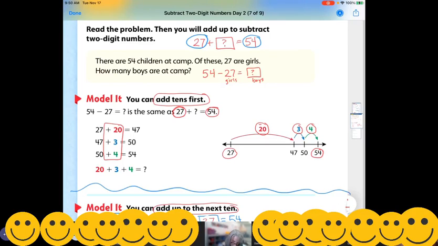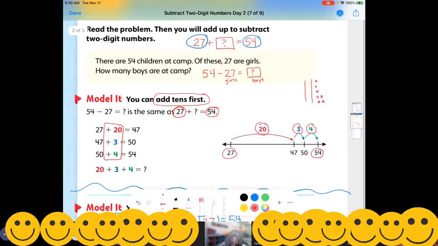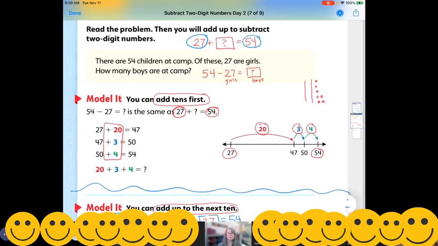If I have 27, I think the best way to look at it is this way. There's 1, 2, 3, 4, 5, 6, 7. If I have 27, how many tens could I add safely so that I don't go past 54?